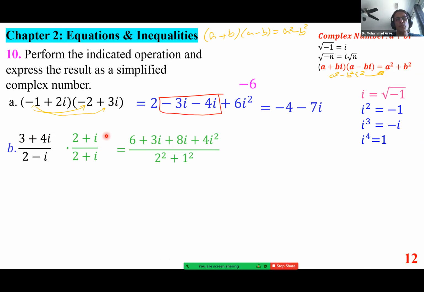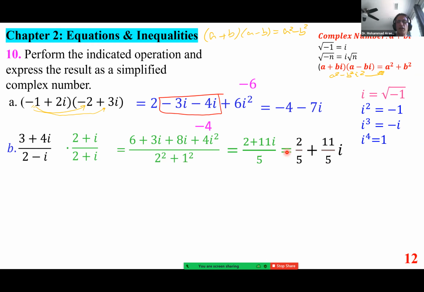And we are going to change this to -4, 6, and -4. They add up to +2. These two add up to 11i. 2 squared is 4 plus 1, 5. Now, if you left it as this is fine.